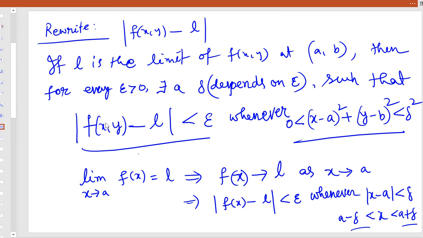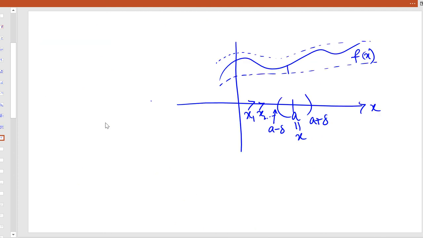For this we can write L minus epsilon less than f of x less than L plus epsilon. So the functional value at x equals a will be between L plus epsilon and L minus epsilon.